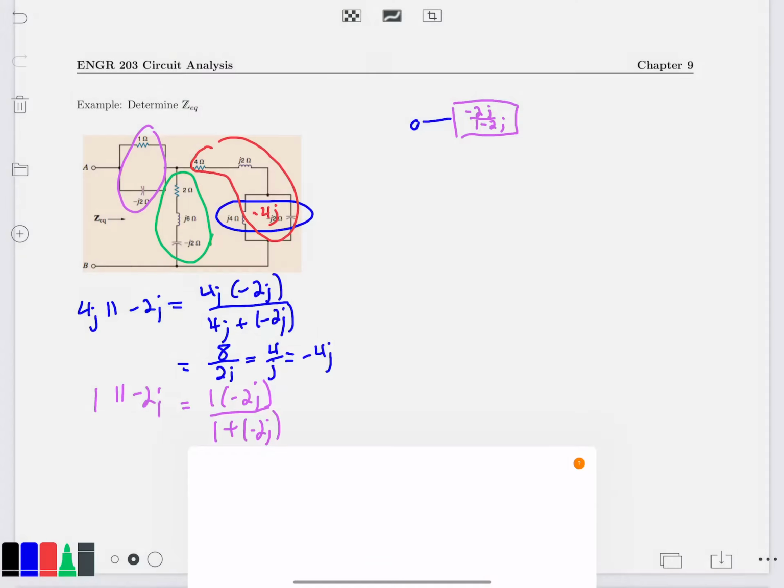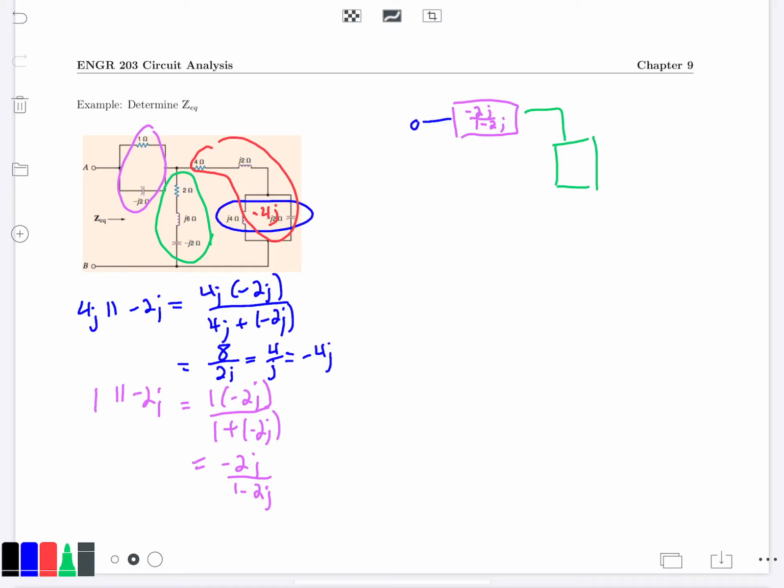Then we're going to have the green one here. And those three were in series, so you can just add them up. 2 plus 6J plus a negative 2J is going to be a 6 plus 4J. Then we have this red one here. And so we see that it was 4, 2J and minus 4J in series, so you add that up.